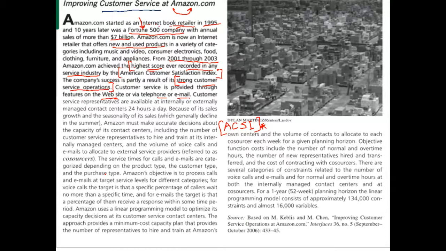And one of the examples we are seeing is the e-commerce company like Amazon. So the customer service representatives are available at internally or externally managed contact centers. So here, there is an idea we are getting that Amazon has both internal as well as external contact centers. External means what? They have outsourced. So Amazon doesn't want to spend all their efforts in managing customer service themselves.